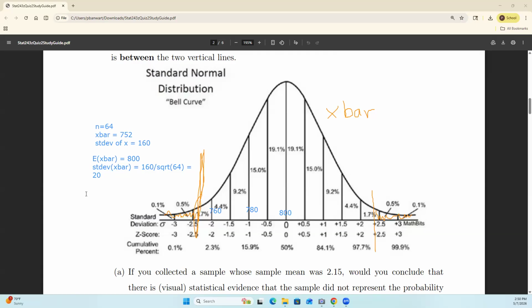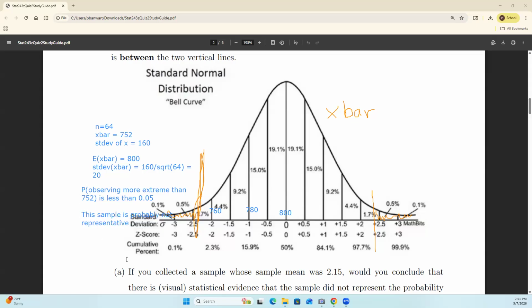So the probability of observing more extreme than 752 is less than the cutoff. And if we don't have any other cutoff given to us, we use 0.05. And that tells us that this sample is probably not representative. I'd be surprised to see it. It's interesting in some way.